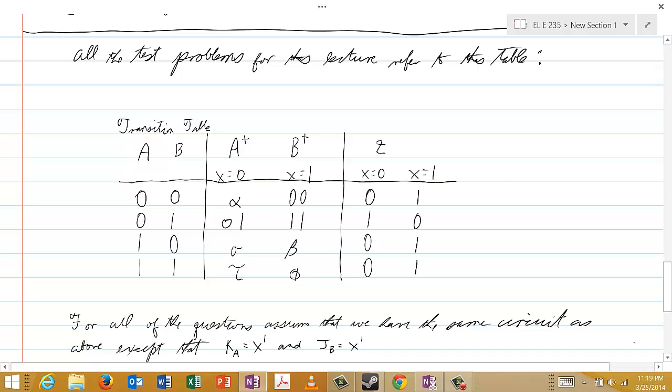So now for the test problems for lecture 25. As I said earlier, this is very similar to the situation we had in lecture 24.